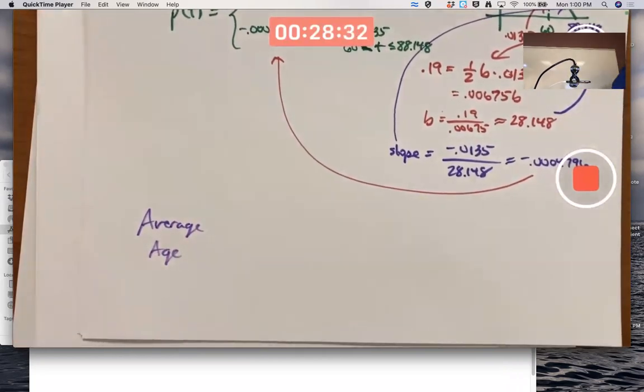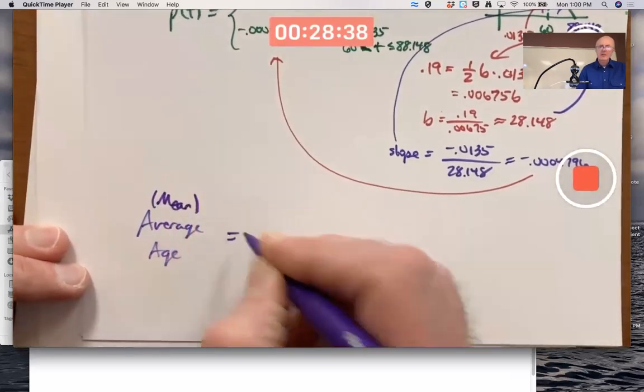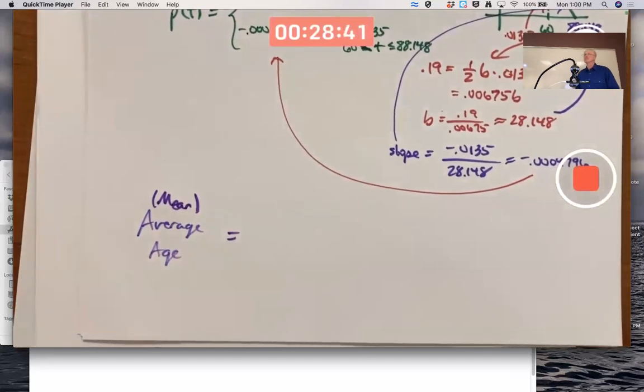Also called the mean age. Can't just integrate the PDF itself, though. That doesn't make any sense. If I integrate the entire PDF over the entire domain, I just get one. One is not the average age.